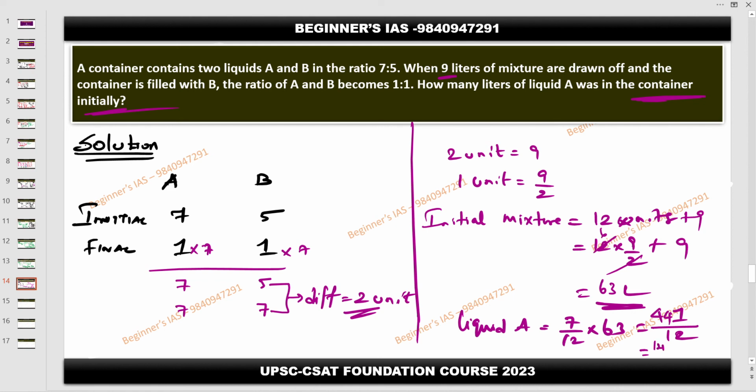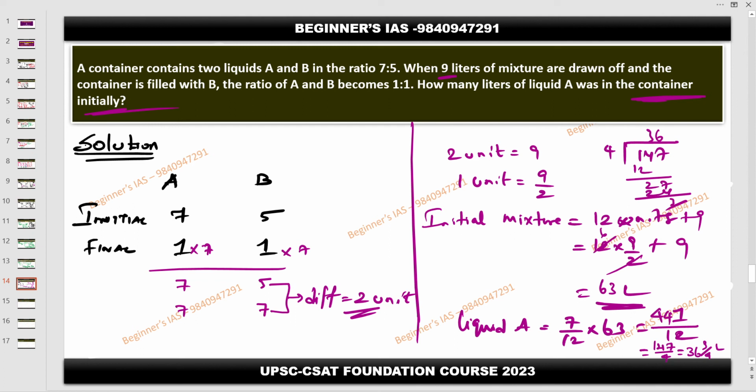So the mixed fraction is 36 3 by 4 liters. So this is going to be the A part.